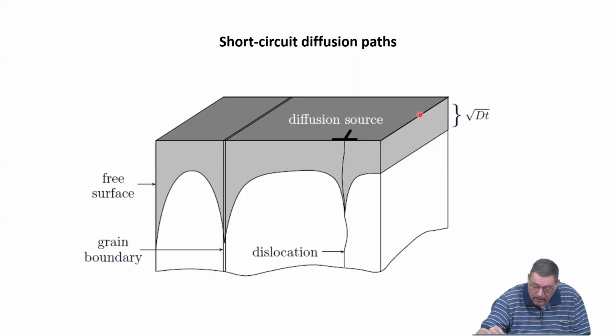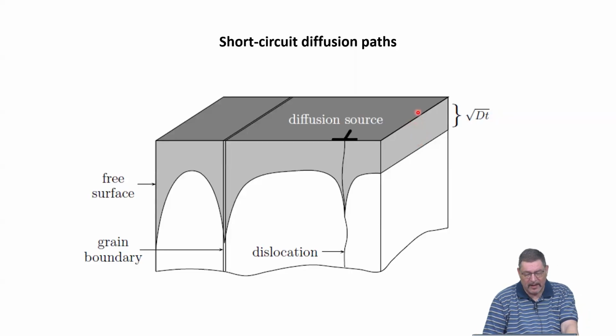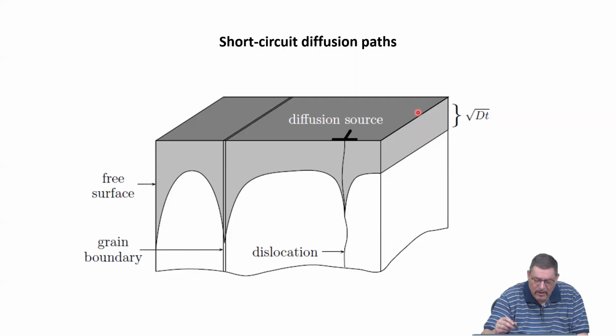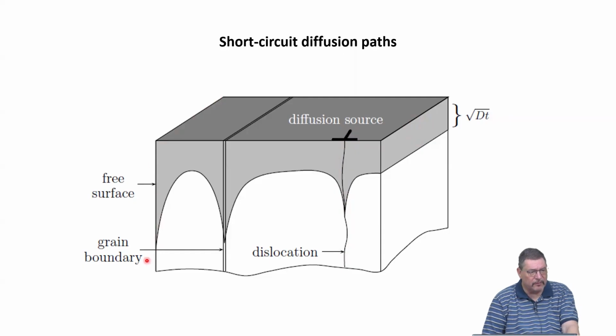In addition, we also have diffusion if the temperature is high enough or the time is long enough to go through the volume. What we will now do, in experiment as well as in the description, is take the idea of a polycrystalline material, but we forget about volume diffusion, we forget about dislocation pipe diffusion, and we forget about free surface diffusion.